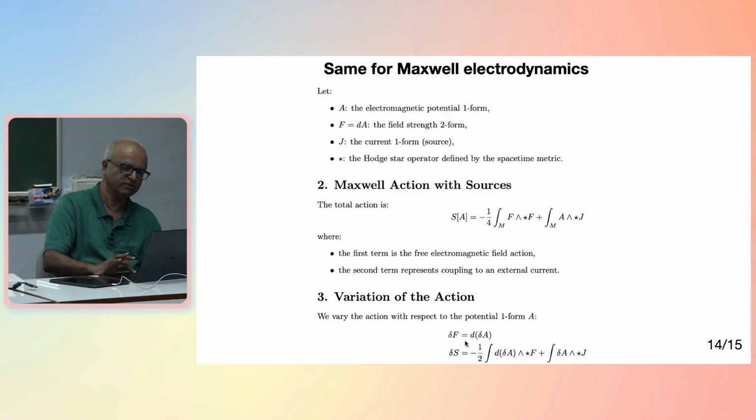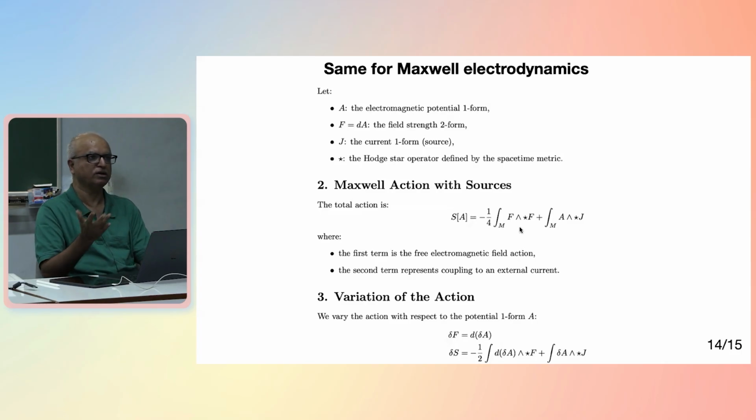So delta f is delta dA, and the delta and the d will move across each other, exterior derivative of delta, that is this term. This is the variation of f, substitute that here, that looks like this. Okay, that is written in the last line.